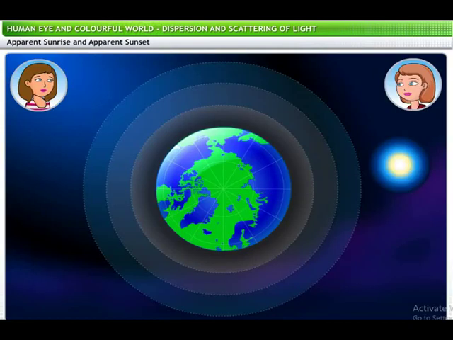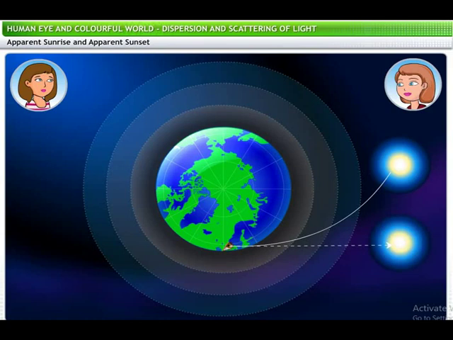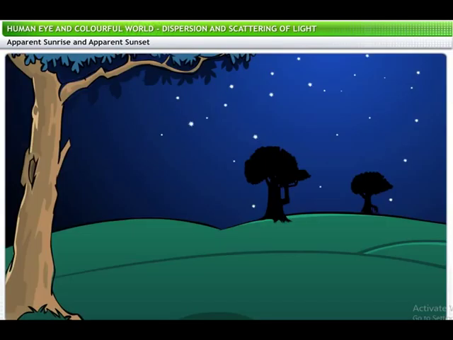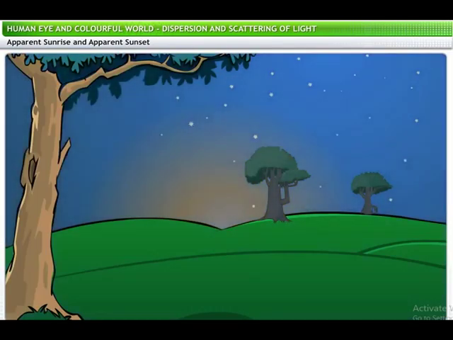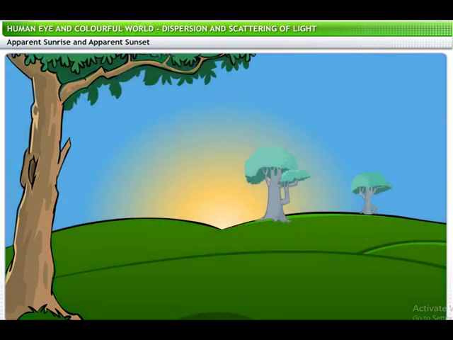That's very interesting. And what were you saying about apparent sunrise and sunset? Well, not many of us realize this, but the fact is, we see the sun rise before the sun actually rises above the horizon. So, when we see the first rays of sunlight, we are actually witnessing an apparent sunrise.